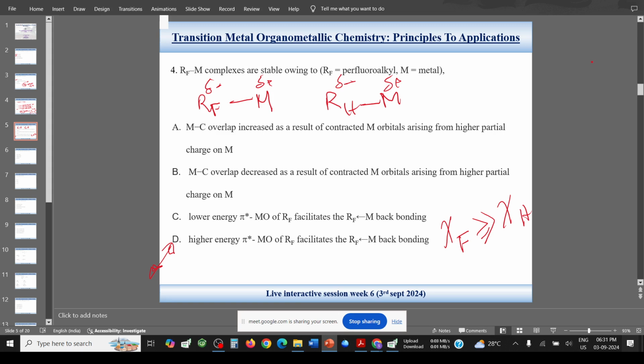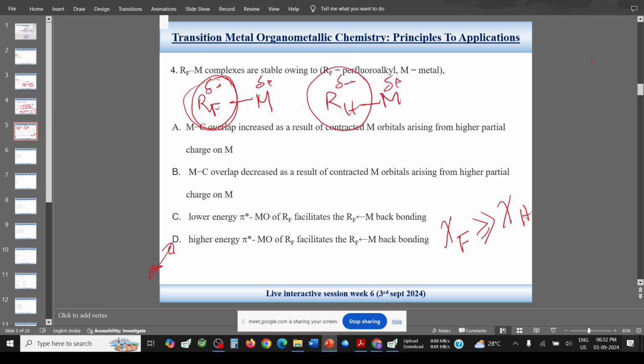That's why this perfluoro ligand will have a higher partial negative charge compared to the corresponding hydrogen analogue.